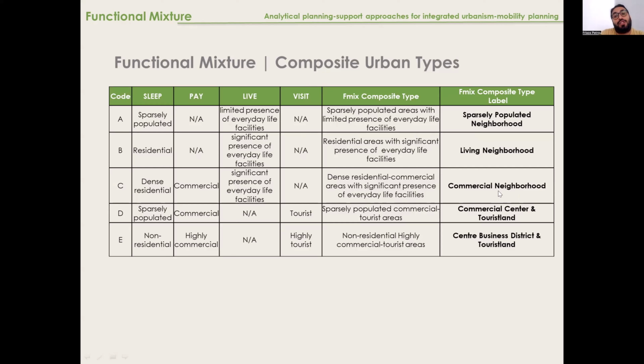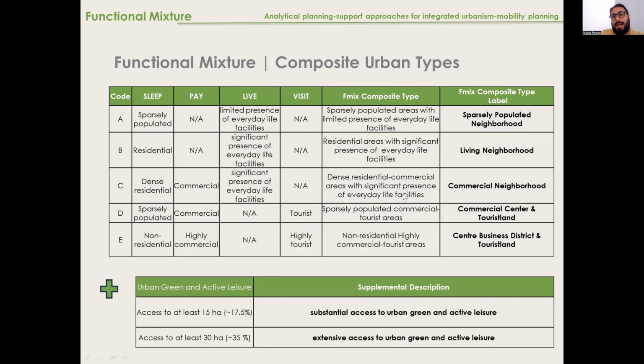But even if someone does not agree with this label, it's not according to their understanding, it can go back to the long description, let's say, that is descriptive and directly linked to the performance of metrics. And in this example, it is dense residential commercial areas with significant presence of everyday life facilities, which are supplemented and completed, let's say, by the description given by the urban green and active leisure.